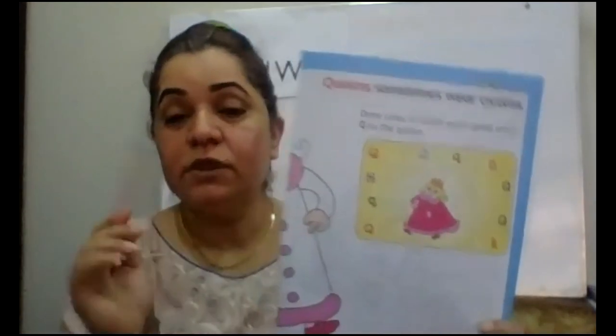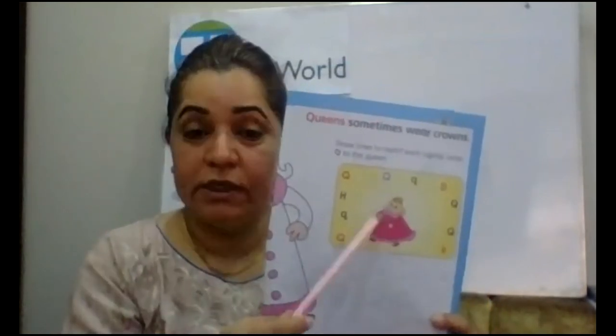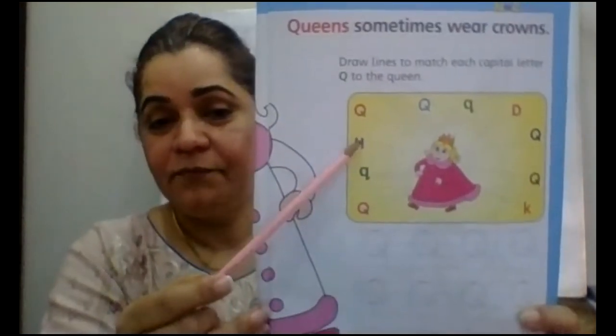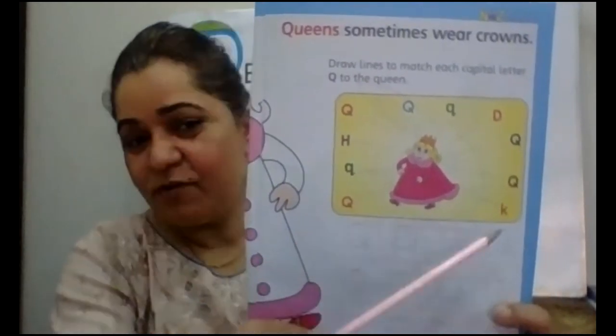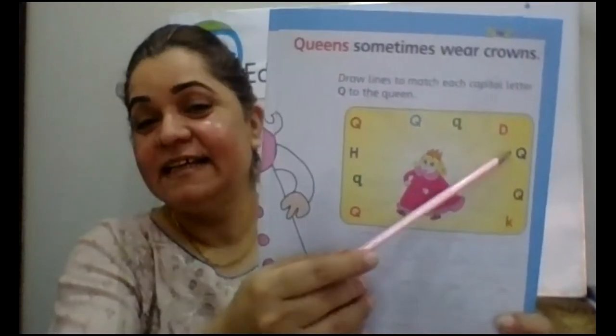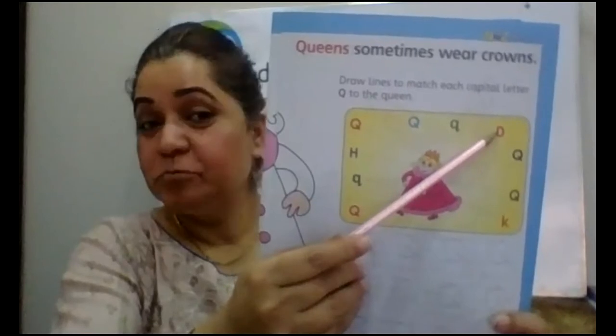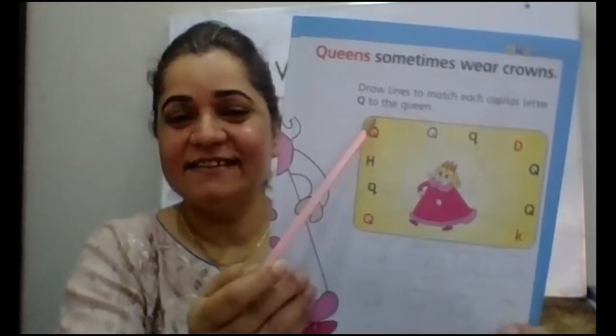You're only going to connect the capital Qs to the queen. Are you going to connect this? No, this? No, this? Yay. Okay, what about this? No, then yes. That's great. Good, good. Yes, yes.